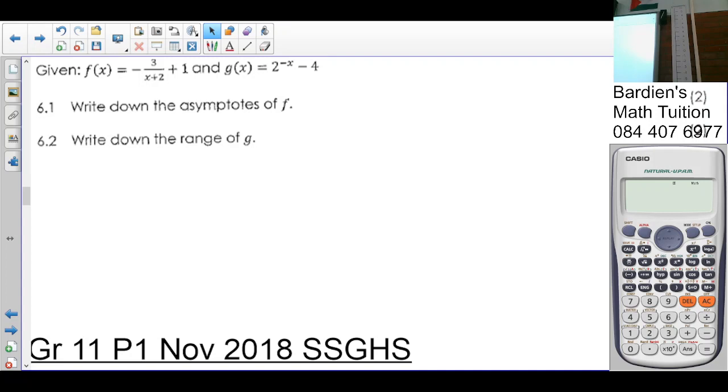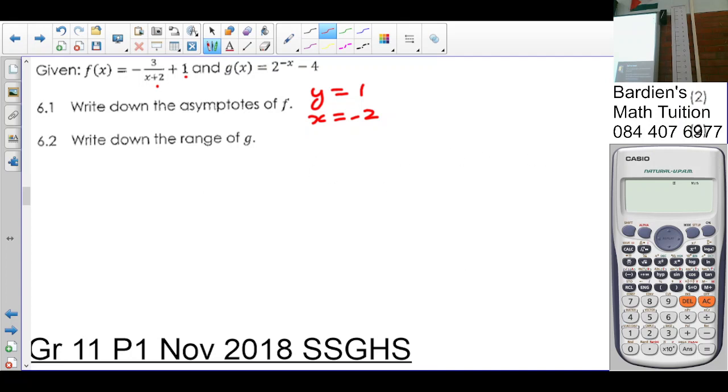Write down the asymptotes of f. So you've got two asymptotes here, besides our curve: a horizontal and a vertical asymptote. The one is y is equal to 1, and the other one is x is equal to minus 2. Or you could have said that HA, the horizontal asymptote, is 1 and the vertical asymptote is negative 2. Same thing. Okay, VA and HA.